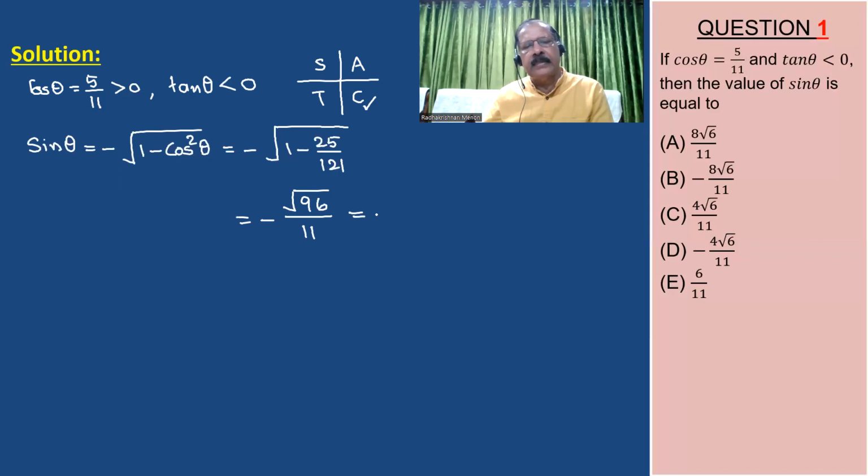Root 96 is nothing but 4 root 6 divided by 11. So this minus sign is important because sin theta is negative in the 4th quadrant. So answer is option D. Now let us go to the next question.